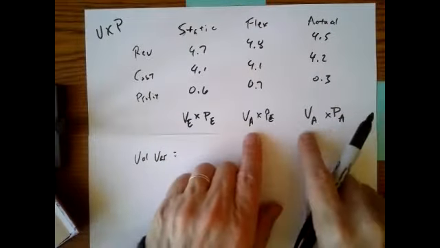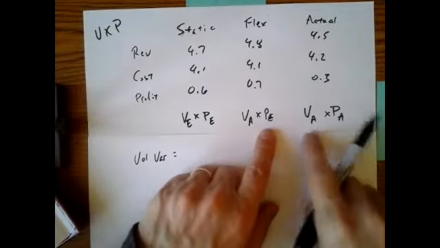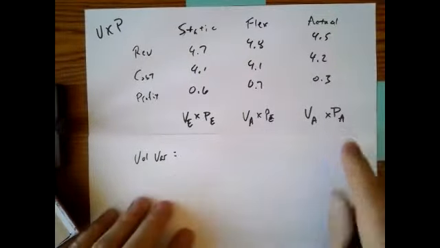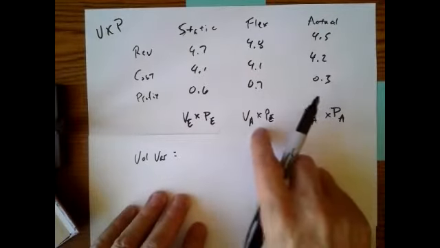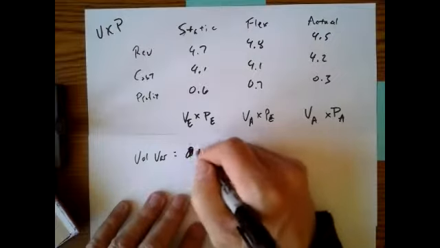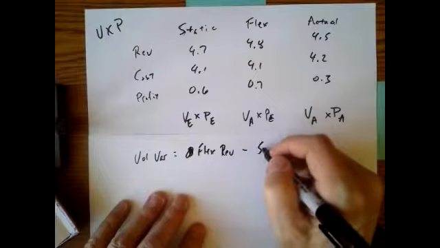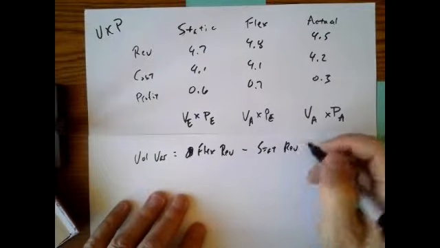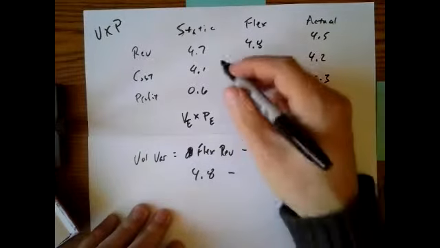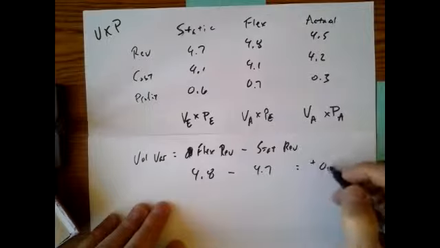Whereas over here, if we compared flex and actual, we're using the same volume, and the difference between these two columns is actually the changes in price, right? So what we want is flex and static, so flex revenue minus static revenue. That is 4.8 minus 4.7, which is actually plus 0.1.